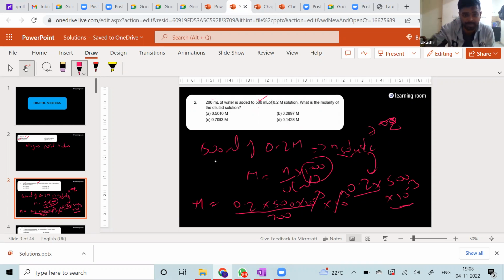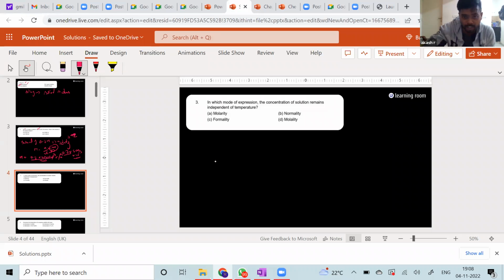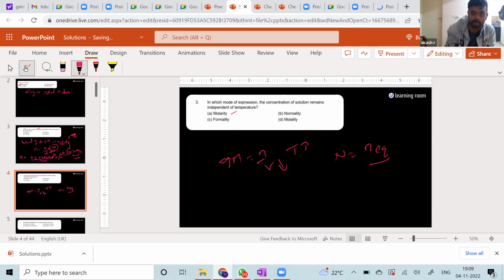Okay, next question. In which mode of expression does the concentration of solution remain independent of temperature? In molarity, what you understand is molarity is number of moles by volume. So if I increase the temperature, volume will decrease and molarity will increase. Normality, again, is number of equivalents divided by volume.